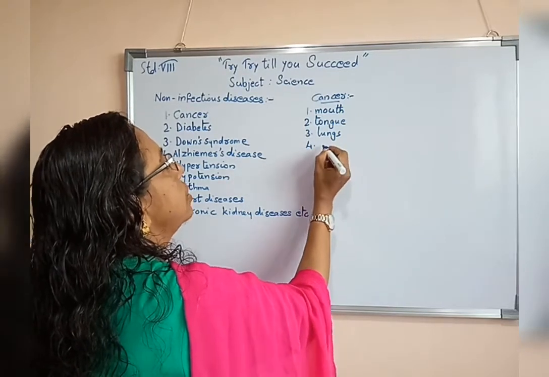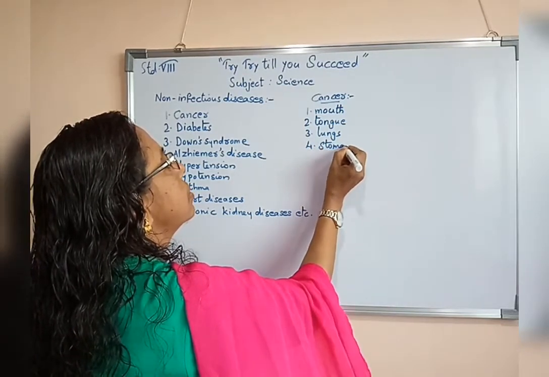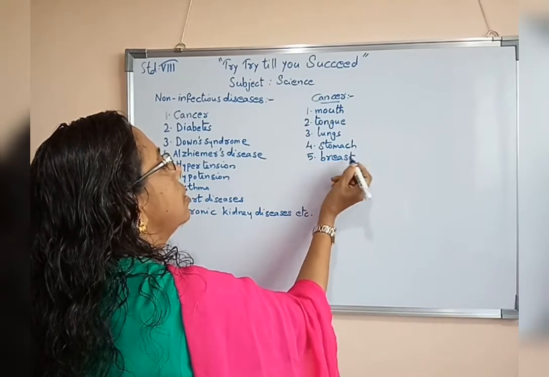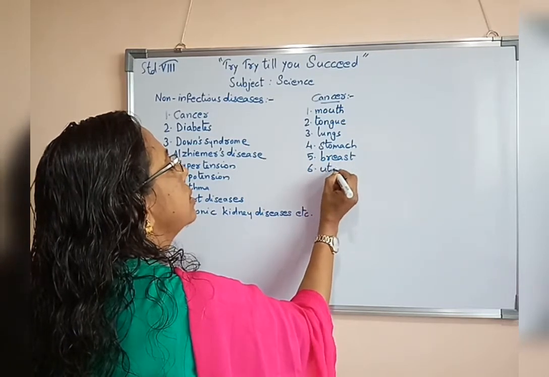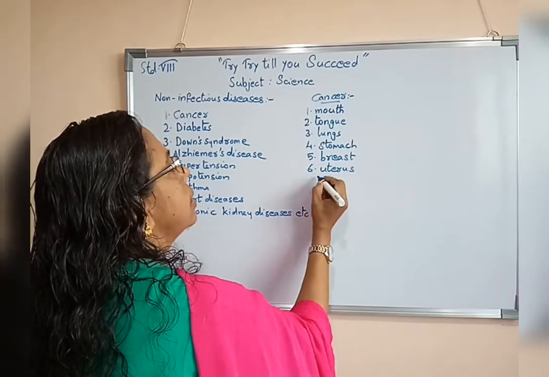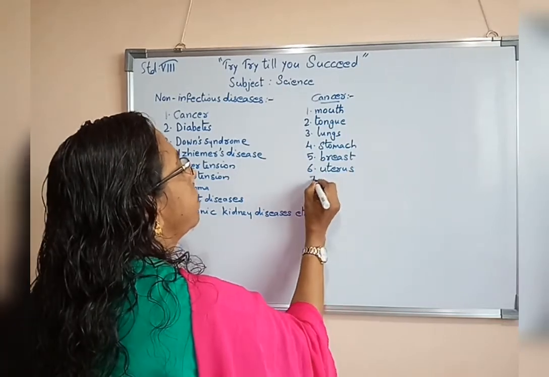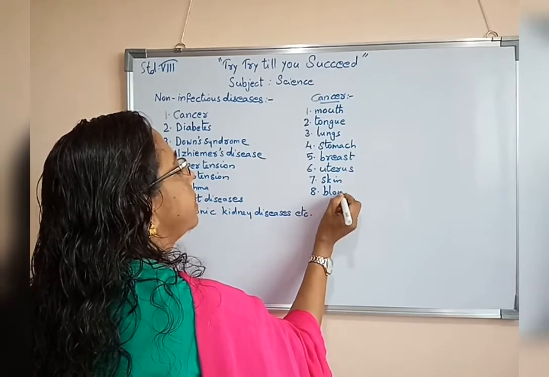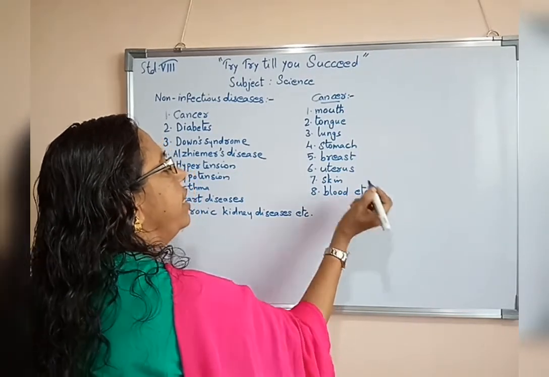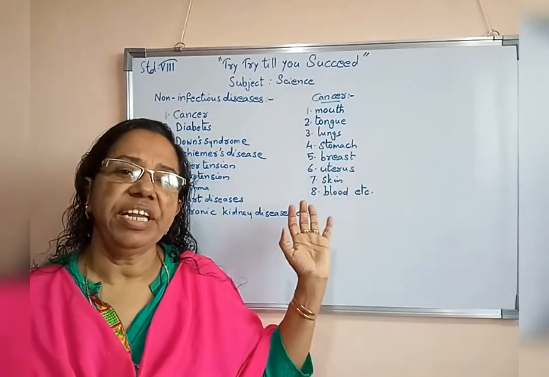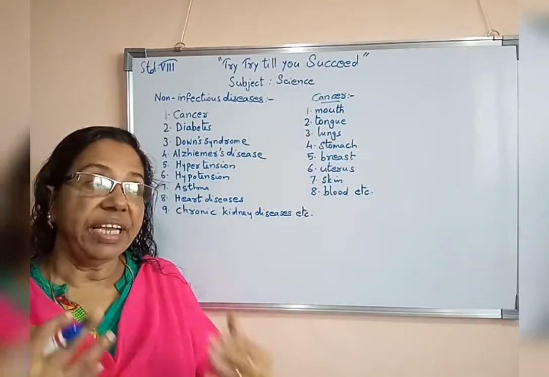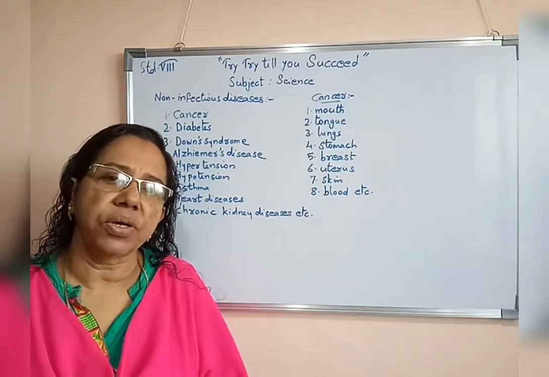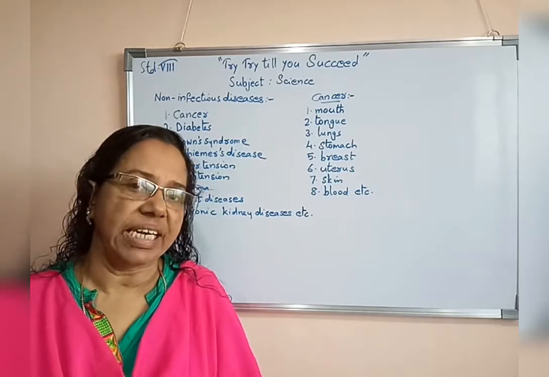then the stomach, breast, uterus, then the skin, blood, etc. Like that, various organs or various tissues are affected. In whichever organs it is affecting, abundant, uncontrolled or abnormal growth of cells will take place.